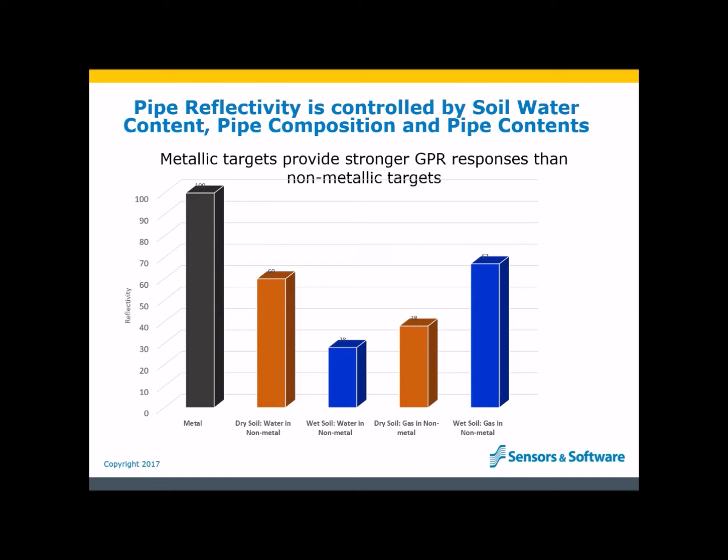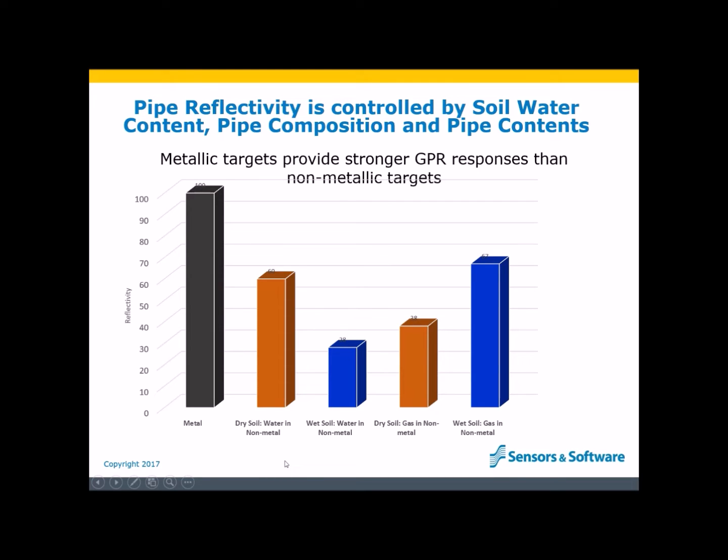It reflects from the material inside the plastic pipe. That is what provides the contrast that causes GPR energy to reflect. So, it is the water, other liquid, or gas inside the pipe and the water content of the soil outside the pipe that dictates the reflection coefficient of that non-metallic utility.